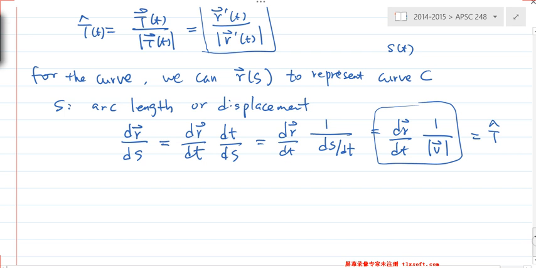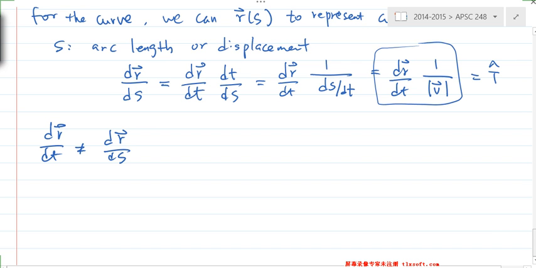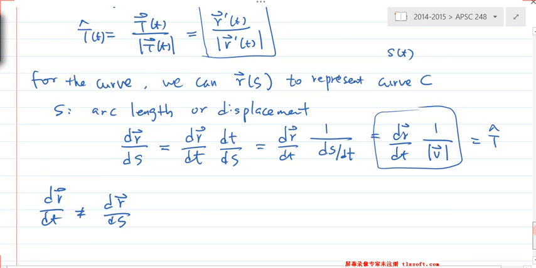So in other words, dr over dt is not the same as dr over ds, although r of t and r of s, the two vector functions, probably refer to the same curve C. Is that okay? So that's the unit tangent vector.